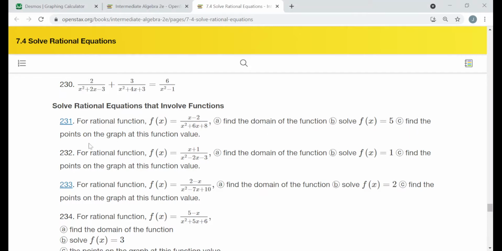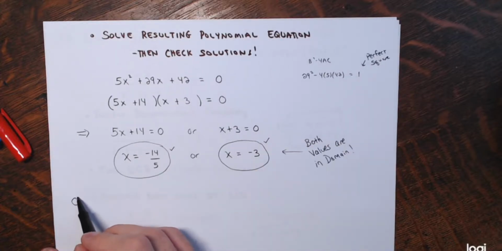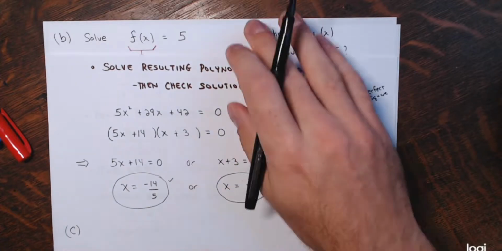Part C: find the points on the graph at this function value, so at the value of 5. Again, the output is 5, and we now know the inputs that give us an output of 5. So we know the x coordinates and y coordinates.